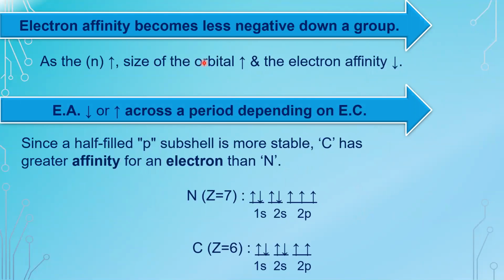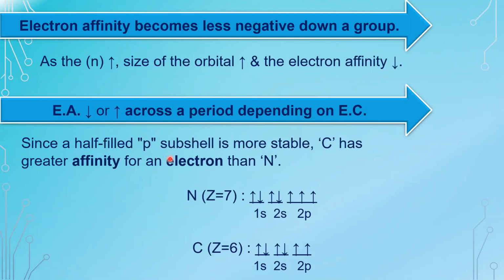Electron affinity becomes less negative down a group. That is, as the principal quantum number n increases, the size of the orbital increases and the electron affinity decreases. Whereas across a period, electron affinity decreases or increases depending on the electronic configuration.